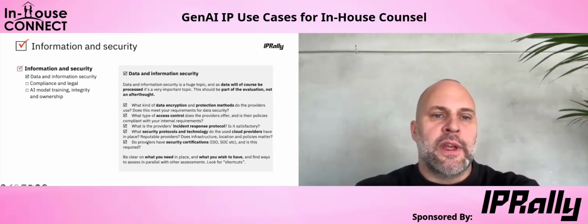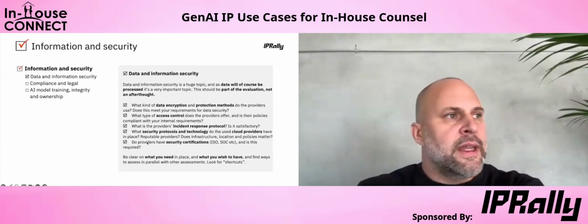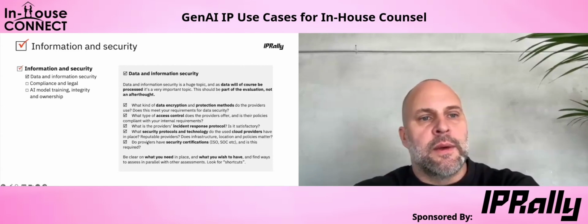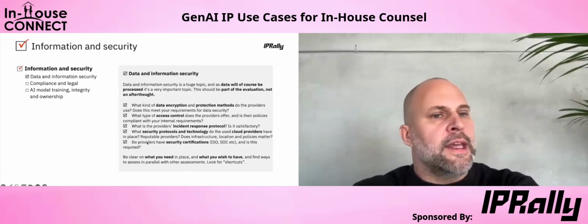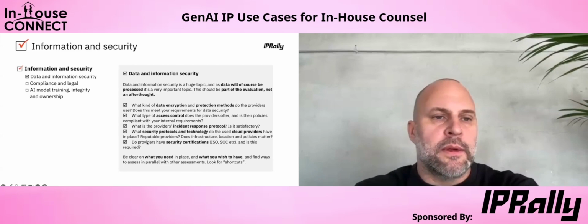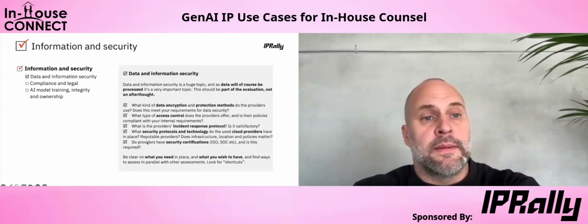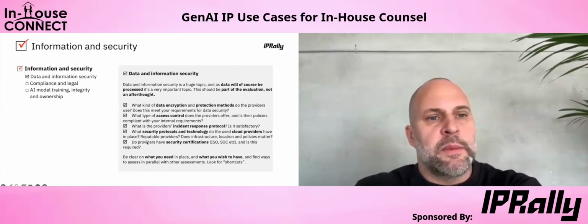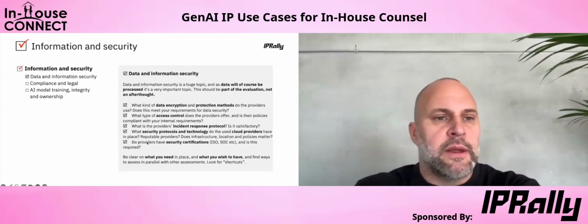Data and information security: how secure is the data that you actually work with in these solutions? Secondly, what is the compliance and the legal aspects around how you process certain types of information? And then thirdly, how is the model being trained? What kind of information is being used? And what's the integrity of how the models are being trained, and ownership of data and things like that.